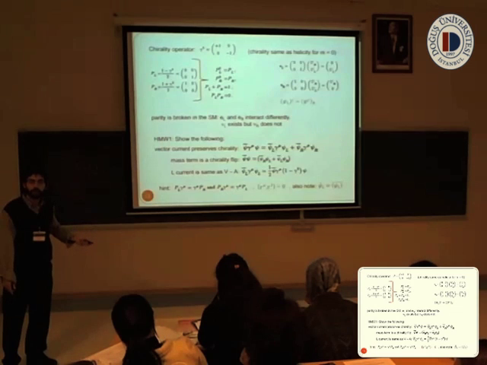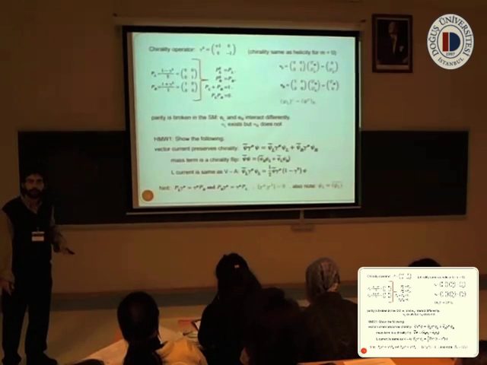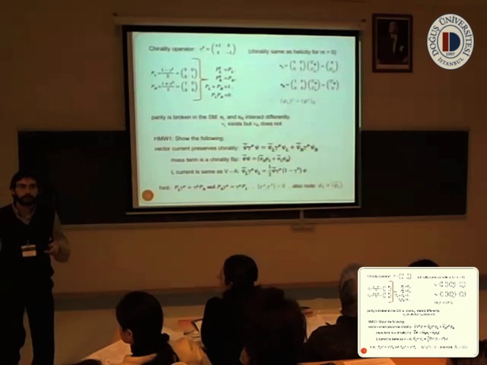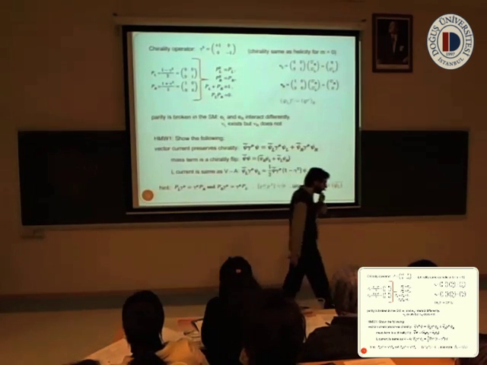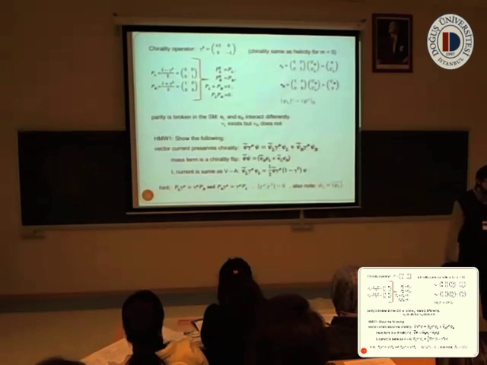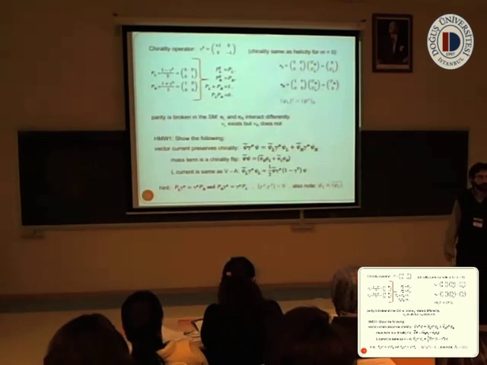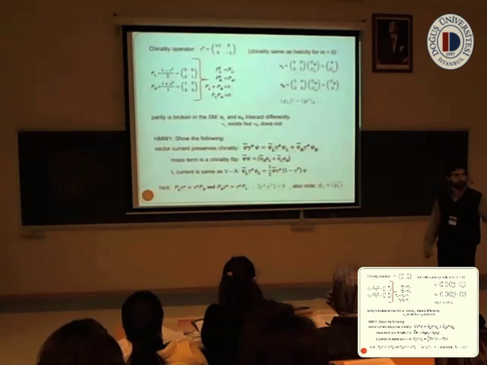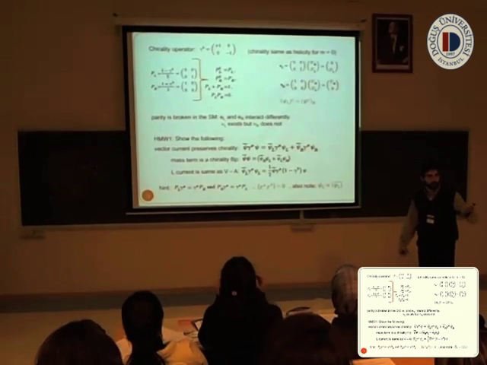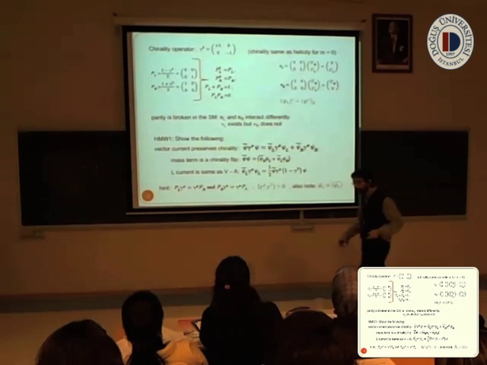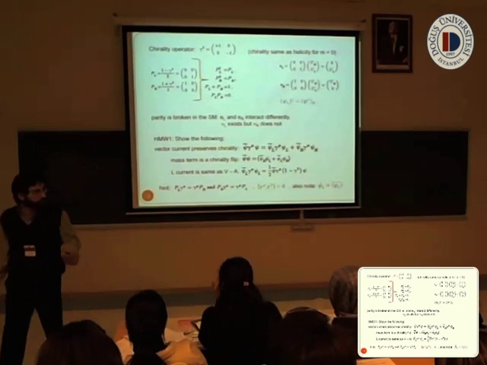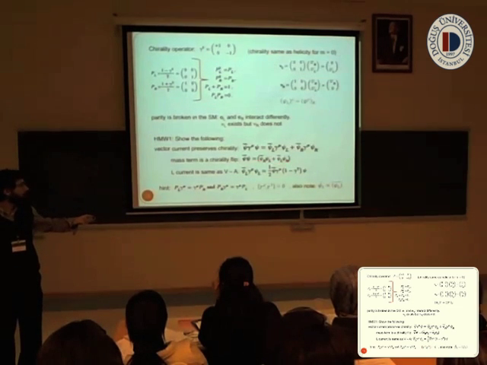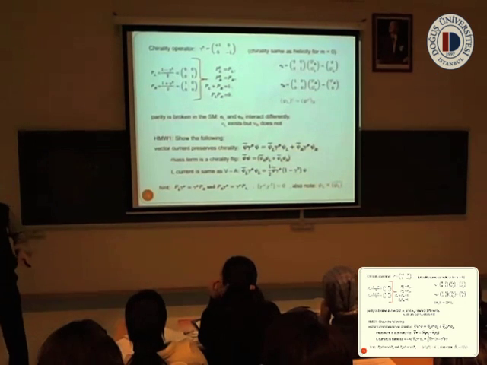So, what is the importance of preserving chirality for mixing them together? Well, we saw when I was talking about Weyl spinors, in the massless case, the left-handed part and right-handed part were independent entities. So when we mix them, that corresponds to a mass term. It couples the left-handed and right-handed parts.